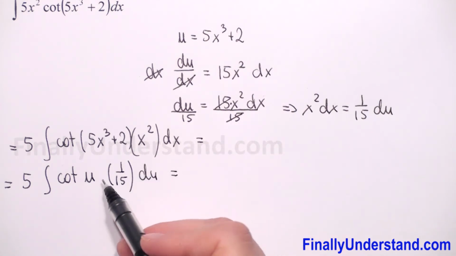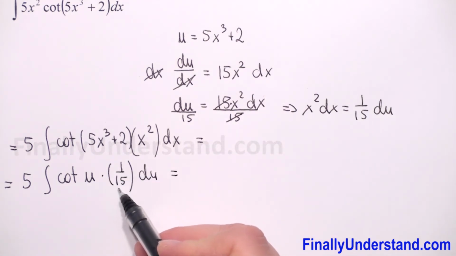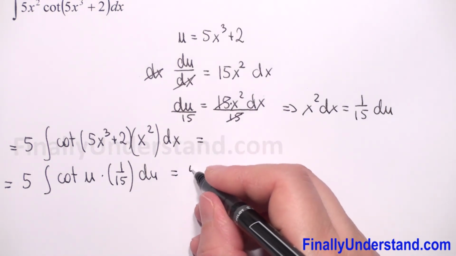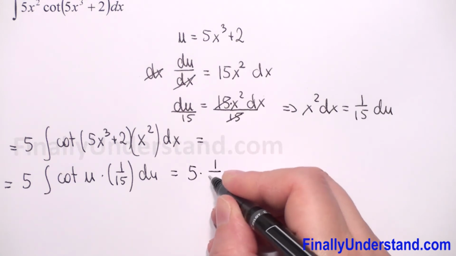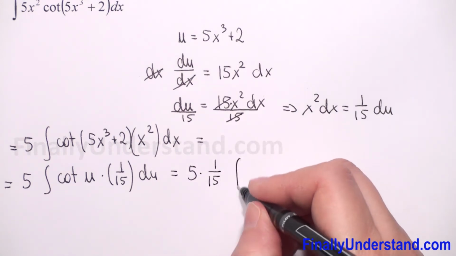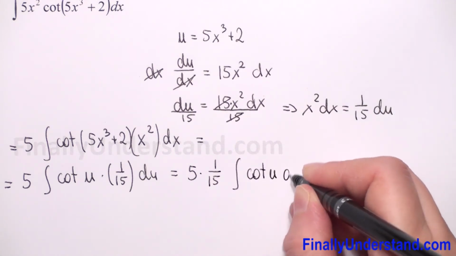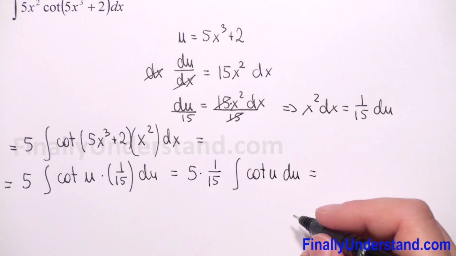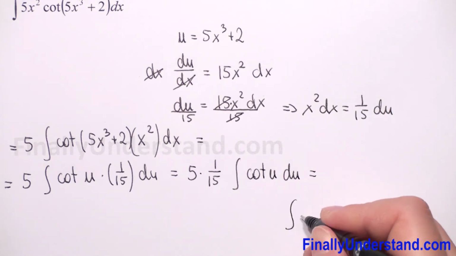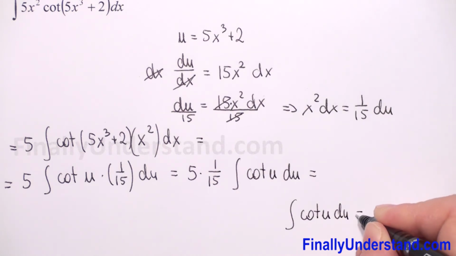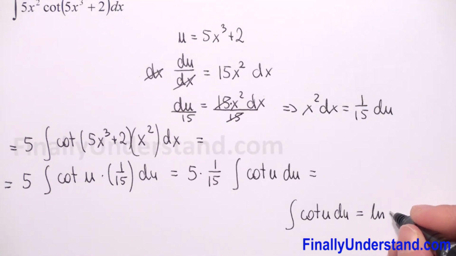This is equal, because we have multiplication, I can take this constant before the indefinite integral symbol. So we will have 5 times 1 over 15 and the indefinite integral of cotangent u with respect to u. We know that the indefinite integral of cotangent of u with respect to u is equal to the natural logarithm of the absolute value of sine of u.